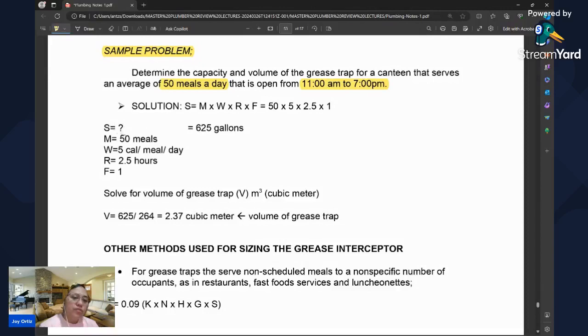So, the solution: C is equals to M times W times R times F. We are looking for C. M is 50 meals, W is 5 gallon per meal per day, R is 2.5 hours and F is 1.